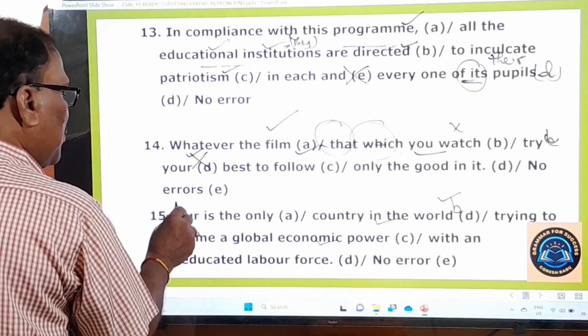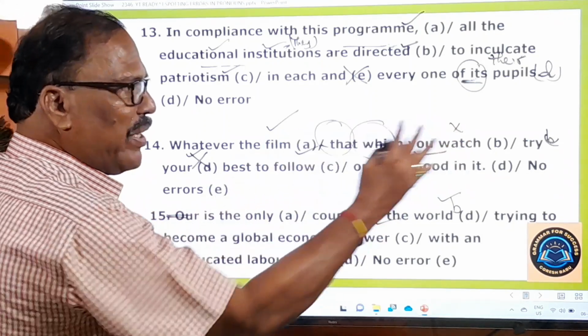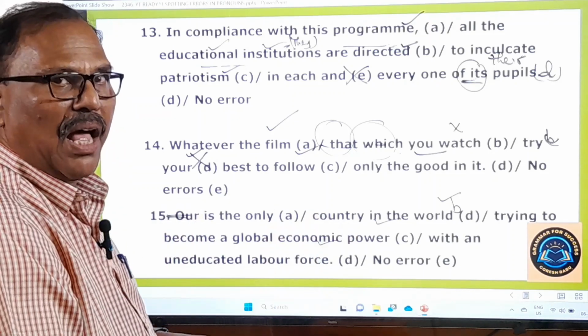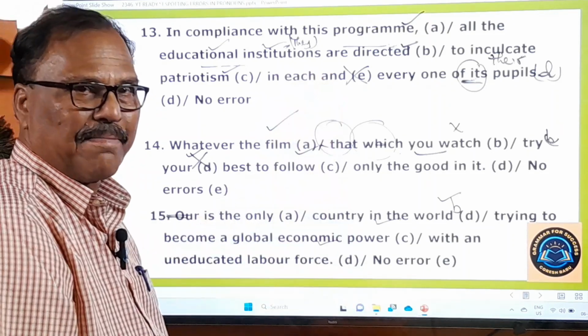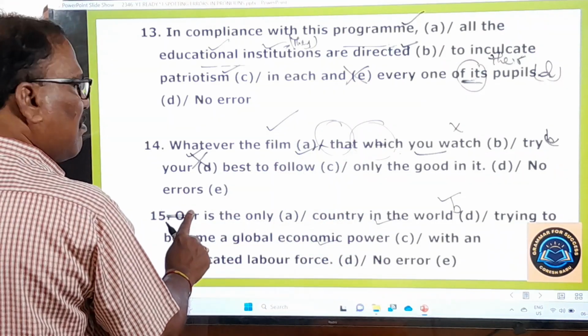Possessive adjectives are used always with a noun. Our college. There must be a noun beside that. Our college, our mobile, our bike, our house, our fields. After our, there must be a noun.